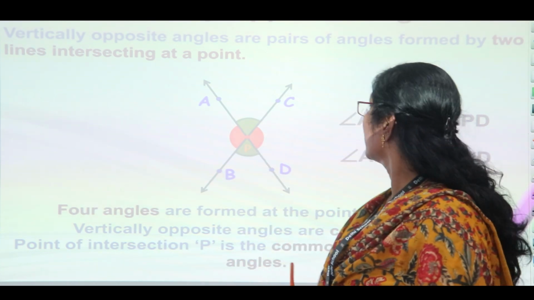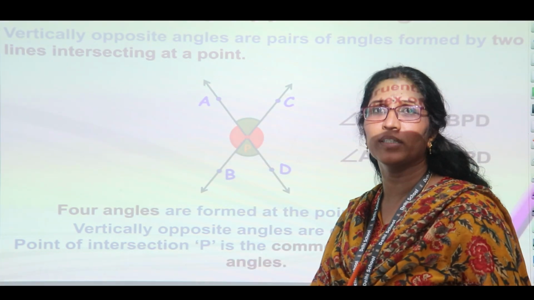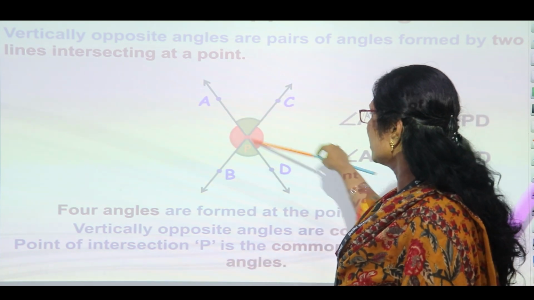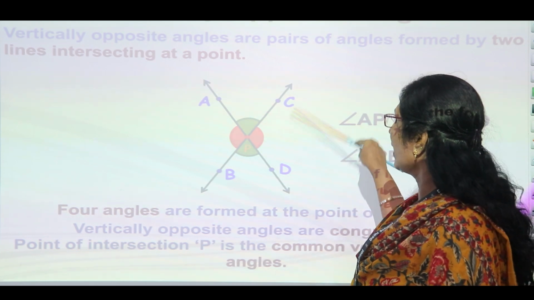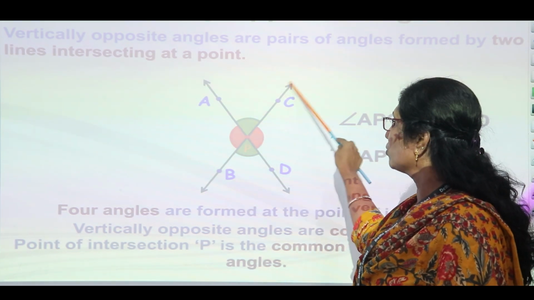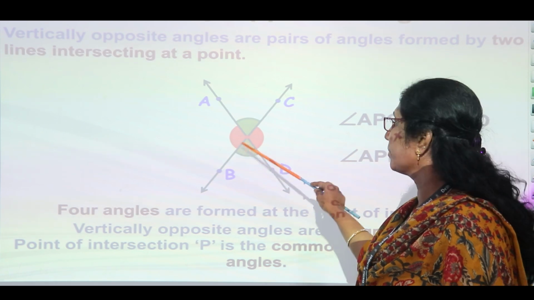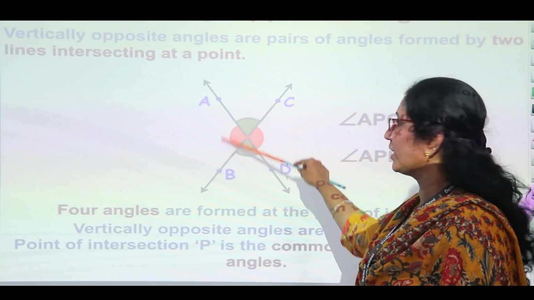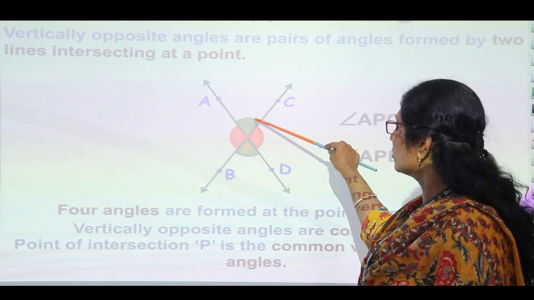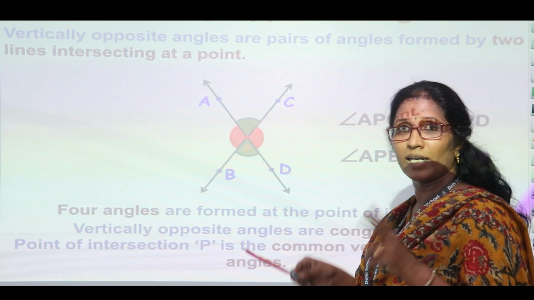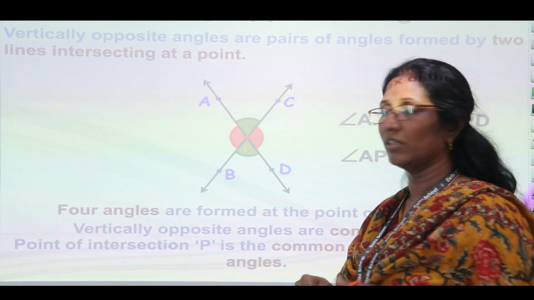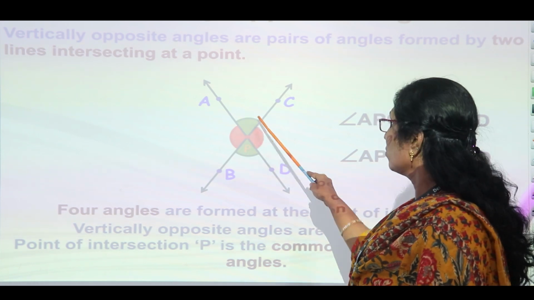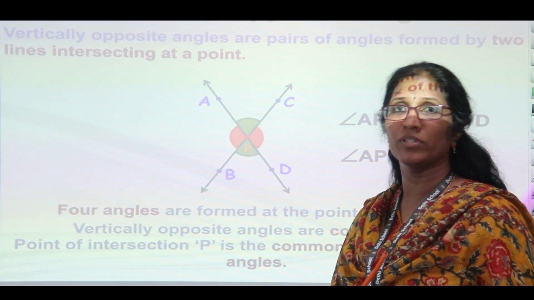Vertically opposite angles are the pair of angles formed by two lines intersecting at a point. Here we can see that there is a line AD and a line BC, and these two lines cross each other at a point P, and at this point P we can form four angles. These two green color angles, which are facing each other, are called opposite angles, also called vertically opposite angles.